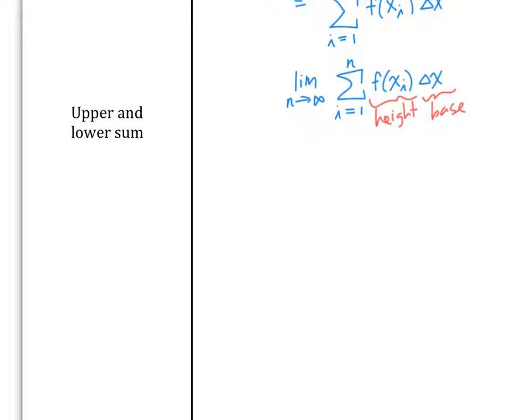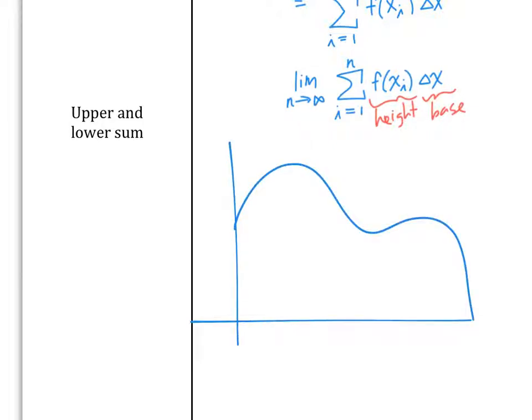So this is kind of interesting. So let's say that you have a graph like this, just some graph like that. And let's say you want to divide it into several intervals. Let's say 5 intervals. The upper sum means the highest amount you can approximate this by.